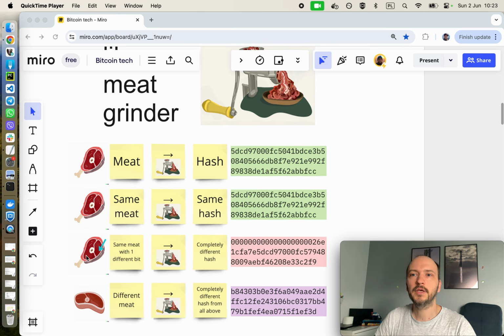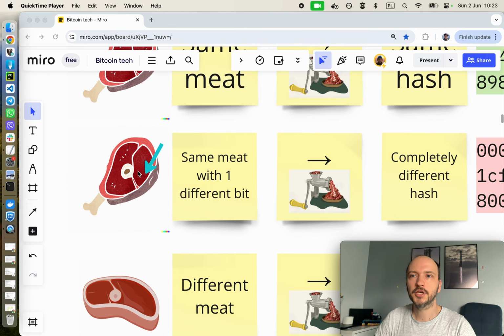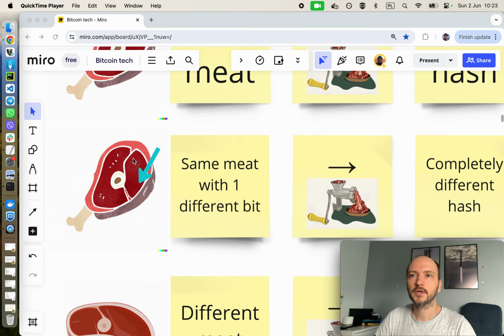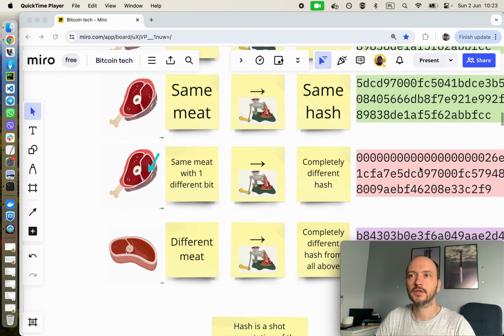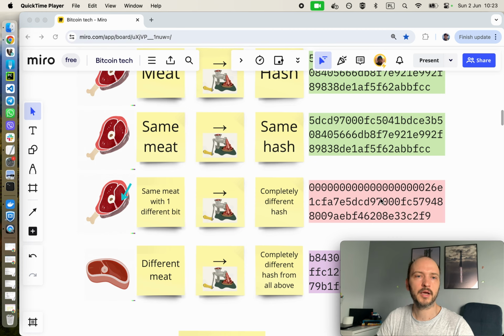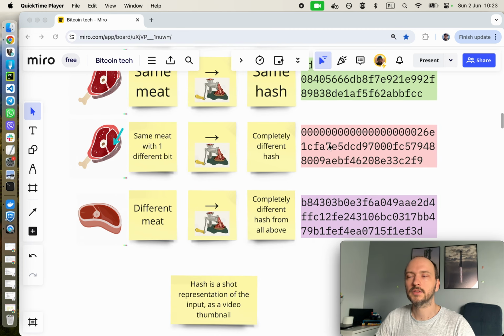But if you give a bit different input, for example, you change 1 pixel somewhere here, and you give it as an input to the hash algorithm, the result will be completely different. Not like one symbol different, it will be completely different. That's one of the properties of the hash algorithm.